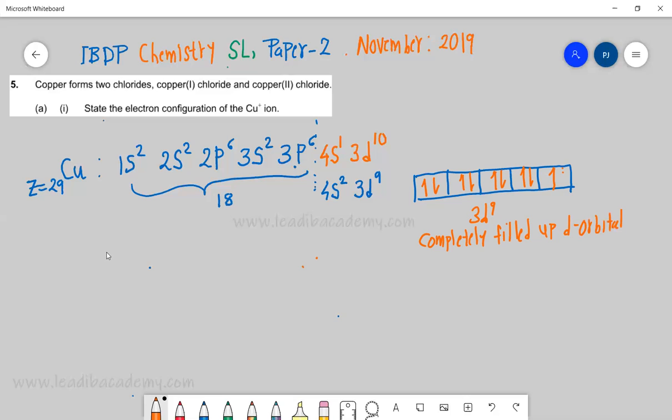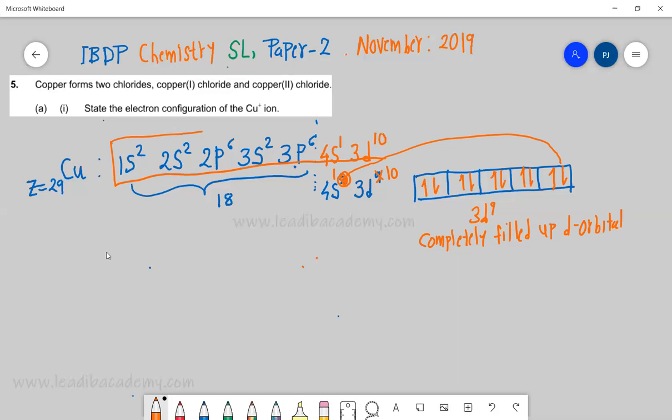So what happens? Nature is very, very intelligent. It says let the 4s sacrifice its 1 electron and that would be sent to the d orbital. Because of this, the 4s will have 4s1 and the d will have 10, and that's the reason for this configuration.